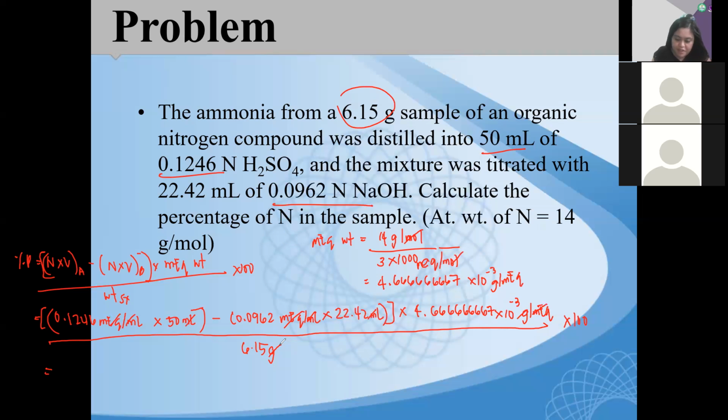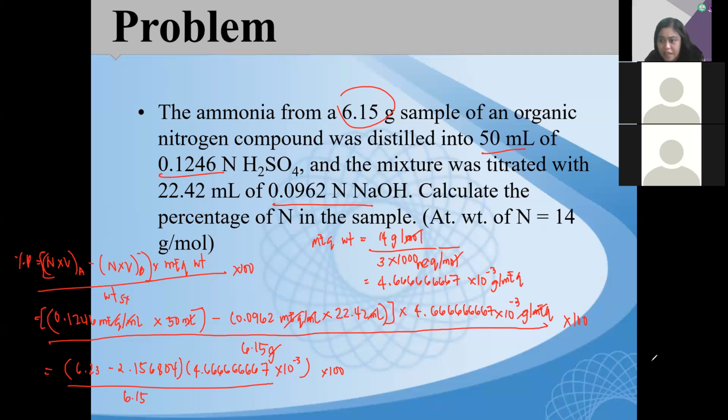0.1246 times 50 is 6.23, minus 0.0962 times 22.42, which is 2.15684, times 4.6666667 times 10 to the power of -3, divided by 6.15. Do not forget the times 100.